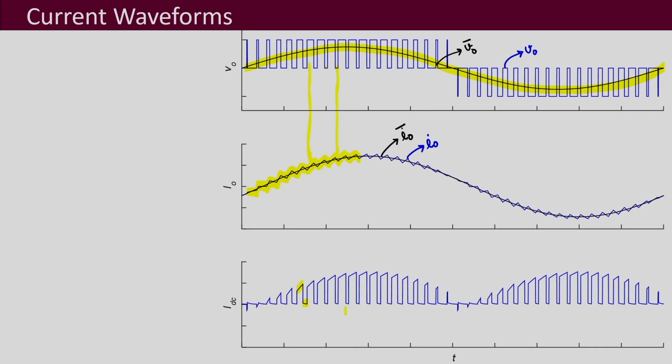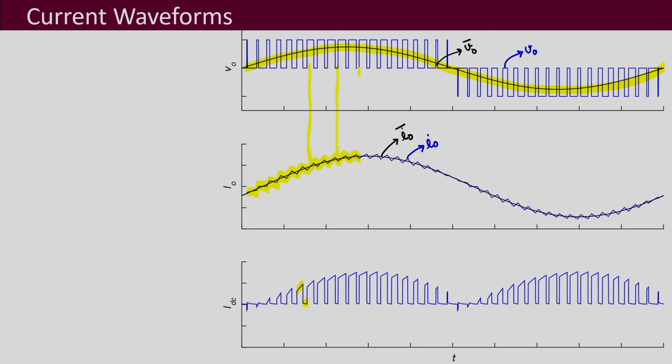When the output voltage is positive, the switching combinations that mostly arise are TA plus, TB minus, the upper two switches TA plus and TB plus, and the lower two switches TA minus and TB minus.